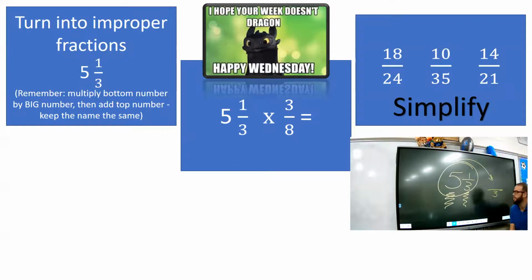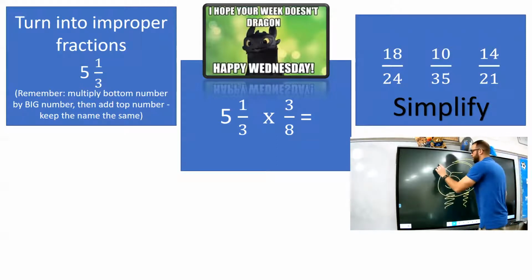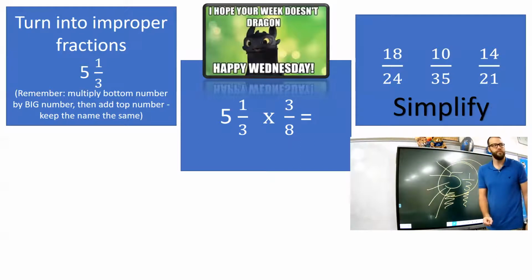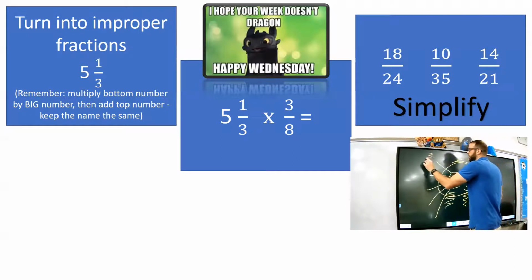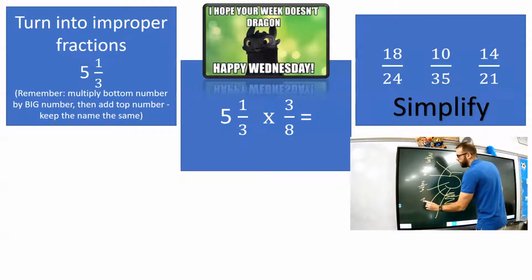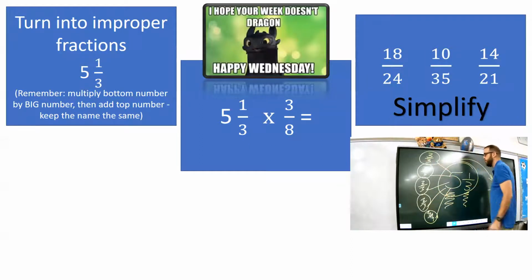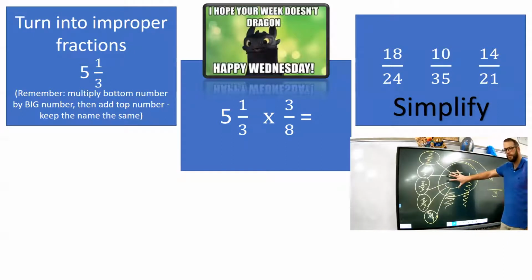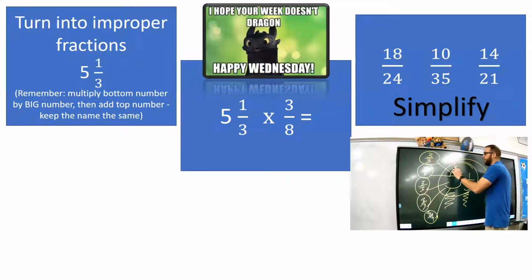So there's 1, 2, 3, 4, 5. Each whole is 3/3. You have 1 whole, 2 wholes, 3 wholes, 4 wholes, and 5 wholes. So in the 5 wholes, you have 3, 6, 9, 12, 15. So right here, you have 15 thirds.